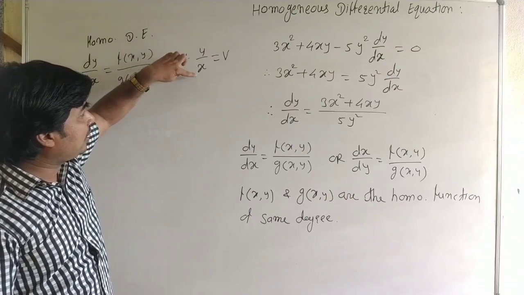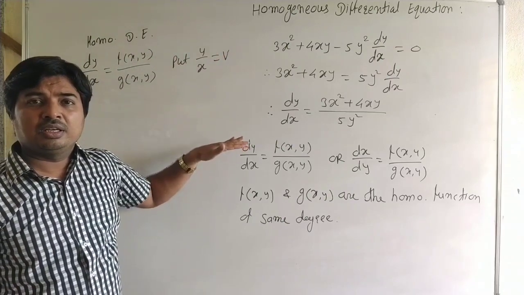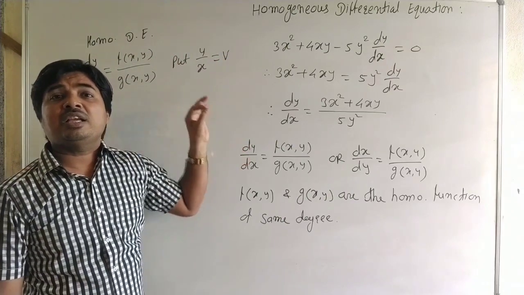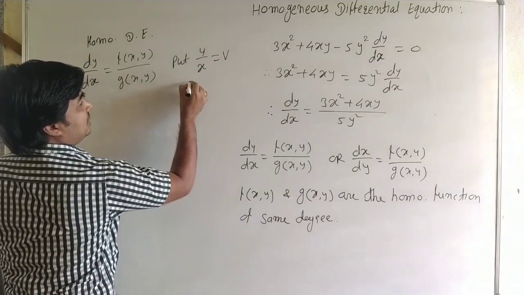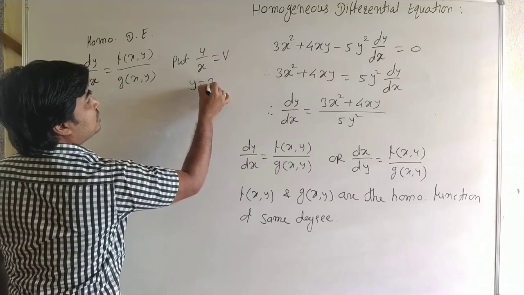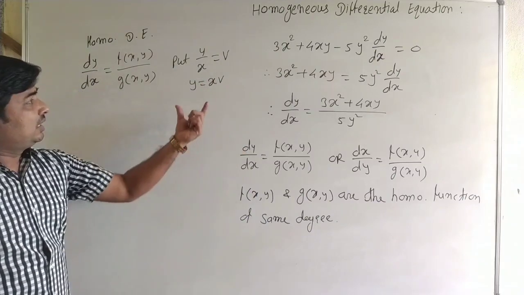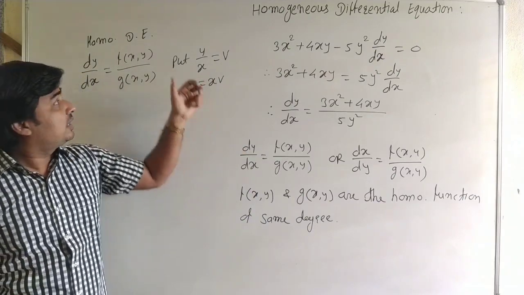When we put y by x is equal to v and differentiate, we get the variables in x and v. Here y by x is equal to v can be written as y is equal to xv. It is easy to differentiate this.